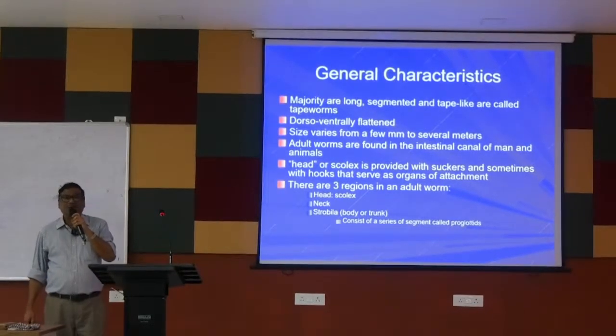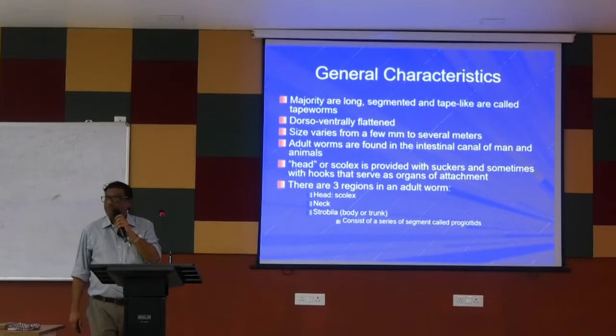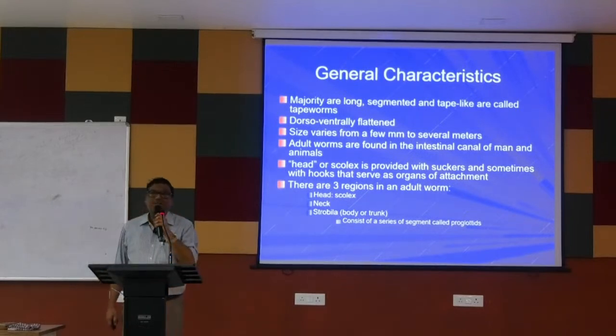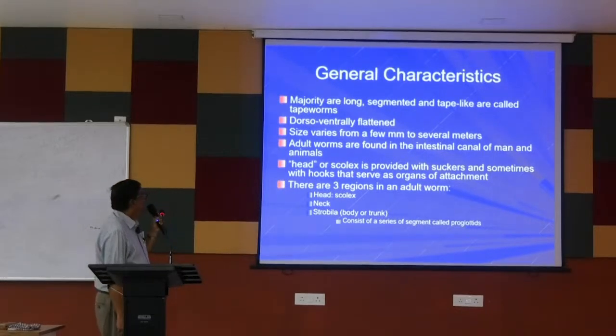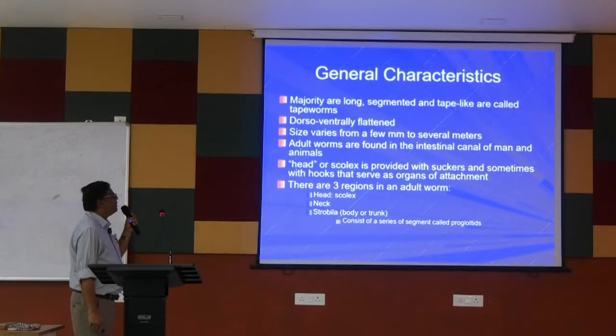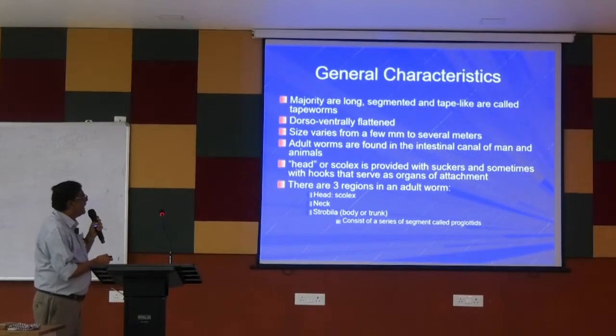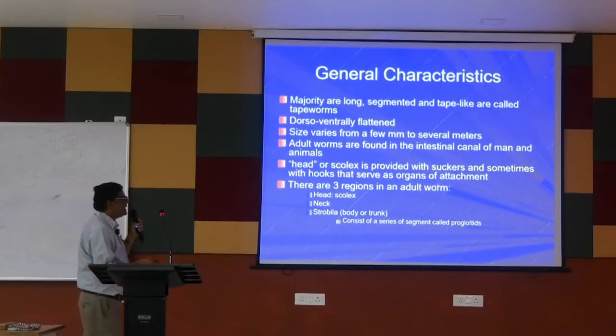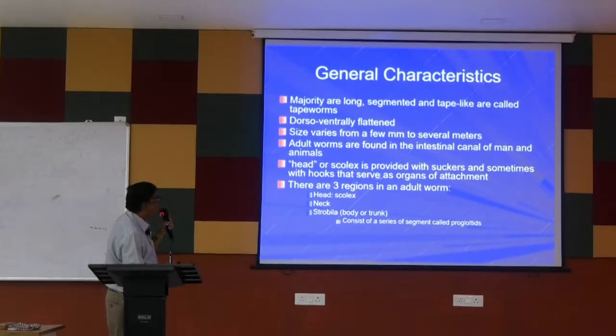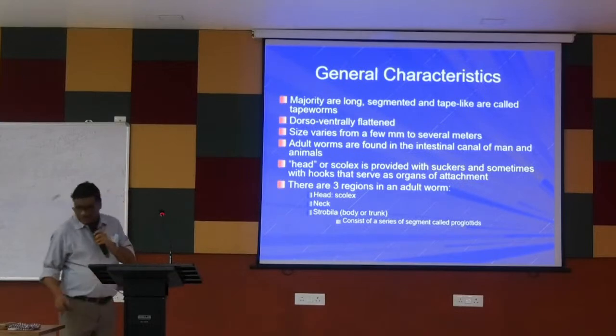The longest is D. latum and the shortest is the dog tapeworm. The adult worms are found in the intestinal canal of man and animal. The head or scolex is provided with suckers and sometimes with hooks that serve as organs of attachment.